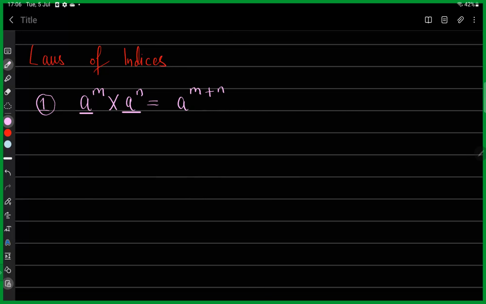We are multiplying the two numbers, so powers are added. For example, let's say I have 2 power 6 and it is being multiplied by 2 power 2. Both the bases are the same. When bases are the same, powers are added. It would become 6 plus 2 and it would be 2 power 8. This is the first law.